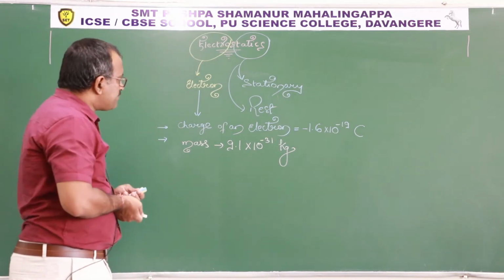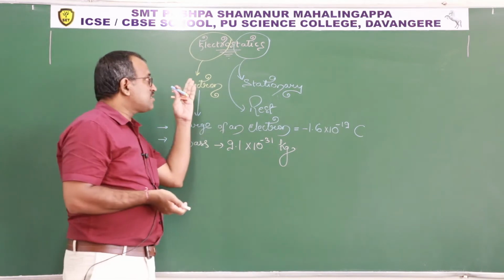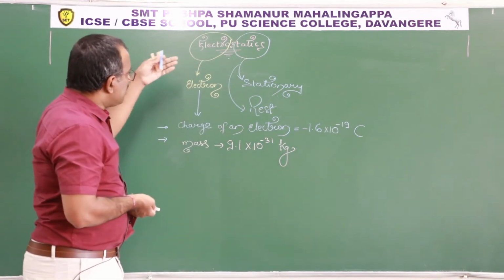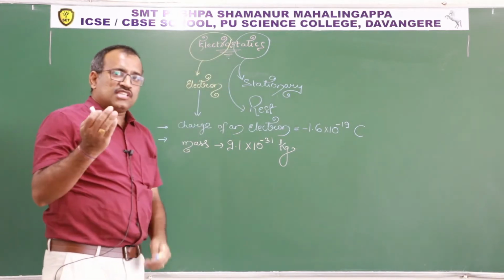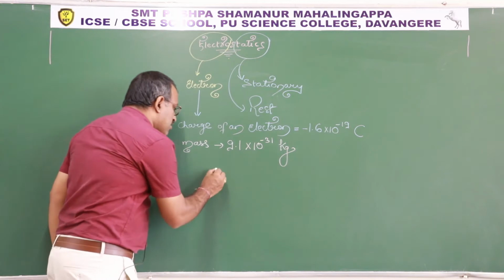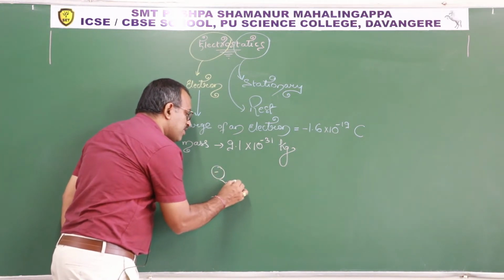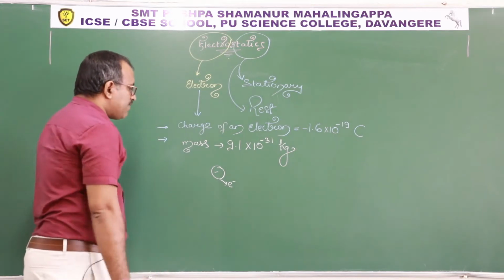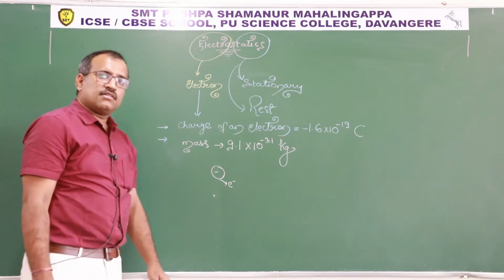Now I reveal the secret of why the name is electrostatics. In this chapter, if you take an electron, it should not move anywhere. If I drop the electron here, it should be there.